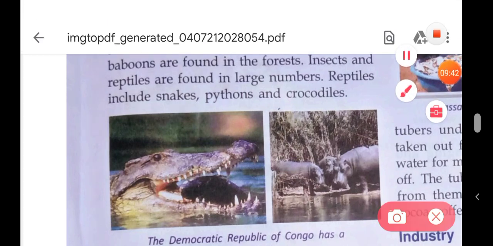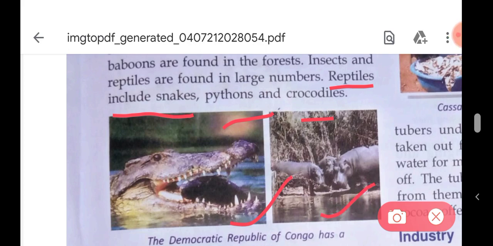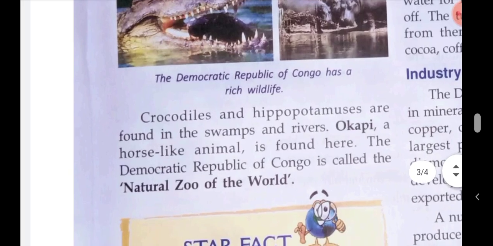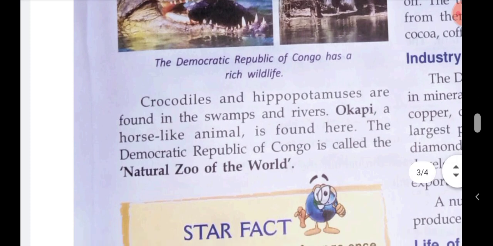Here you can see in this figure these types of reptiles are found there. Crocodiles and hippopotamuses are found in the swamps and rivers. Okapi, a horse-like animal, is found here. The Democratic Republic of Congo is called the natural zoo of the world.